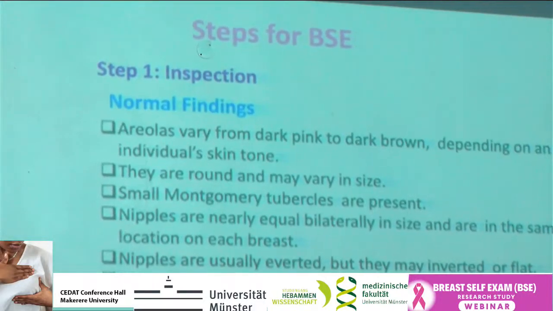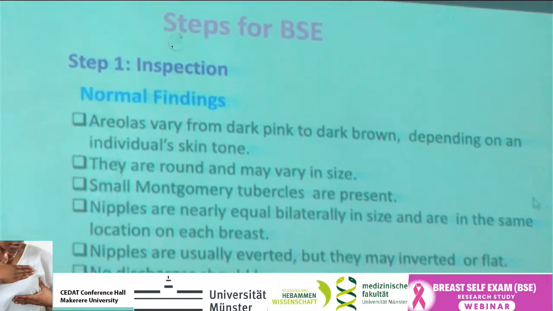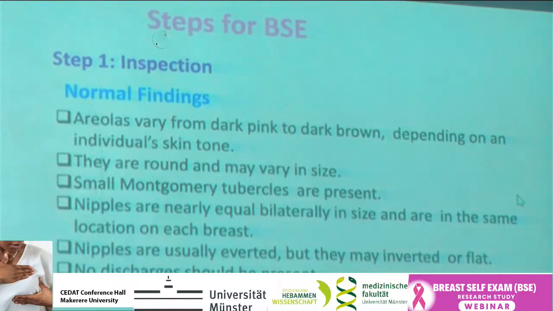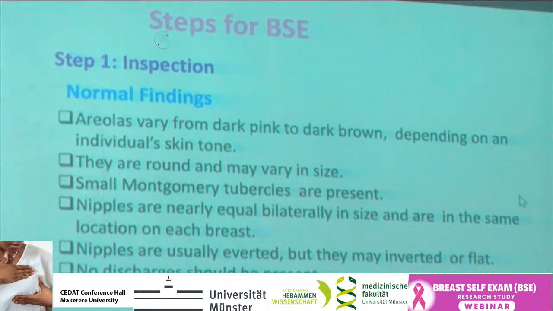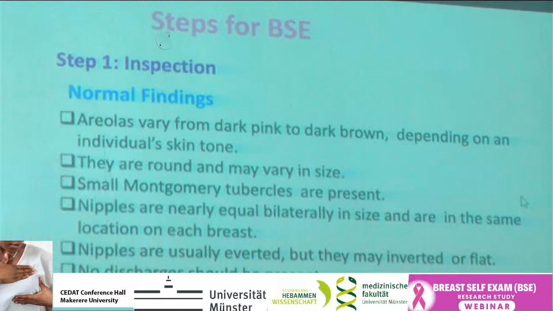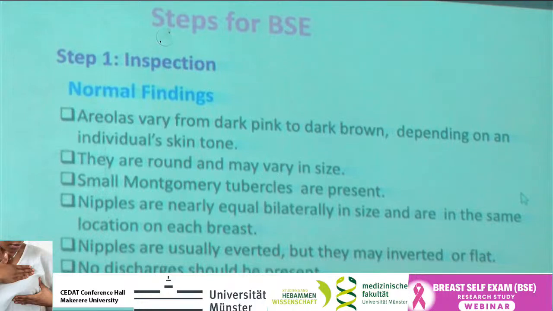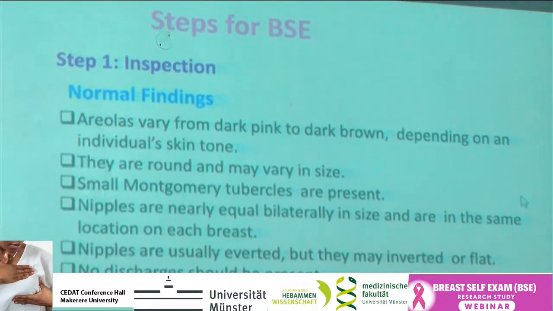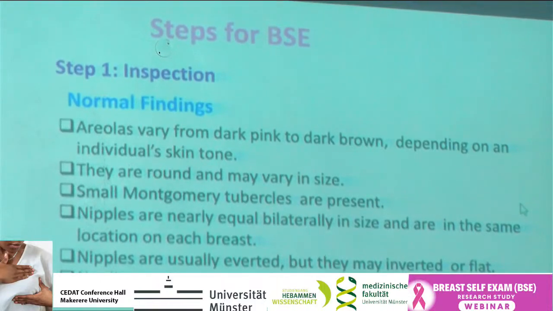The areolae vary from dark pink to dark brown, depending on your skin tone. They are round and may vary in size, and we will also see the Montgomery tubercles on the areolae. The Montgomery tubercles are those openings around the nipple, or they look like goosebumps on the nipple. The nipples are nearly equal in size and are in the same location on each breast.